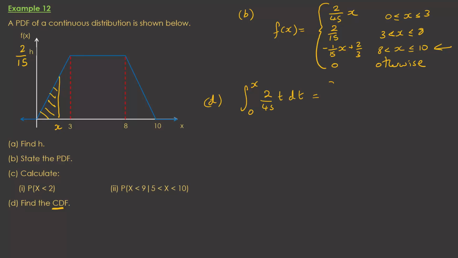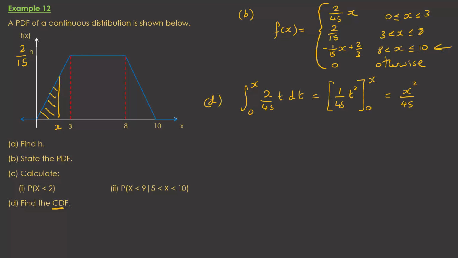And that's going to be 1 over 45 t squared from 0 to x, which is x squared over 45.